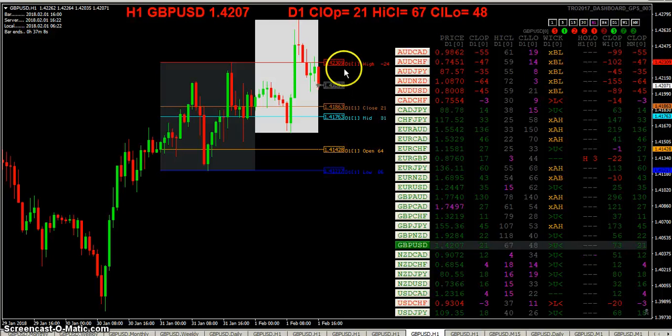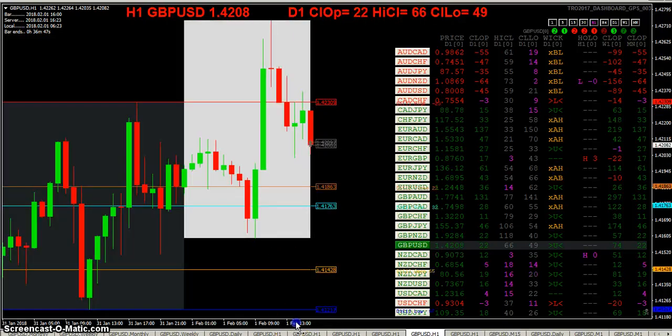And once again, we're just looking at the 5 lines from the previous day here: the high, the low, the open, the close, and the midpoint. So it just shows, so you can see here when that high was put in and how today has reacted to that high.